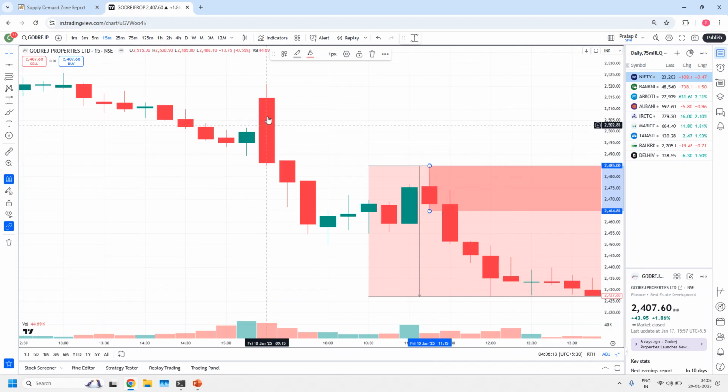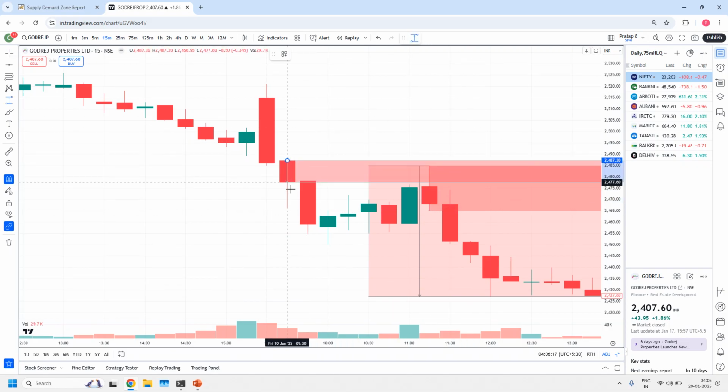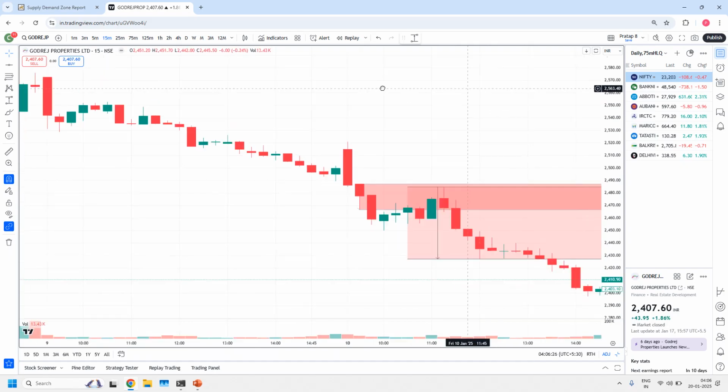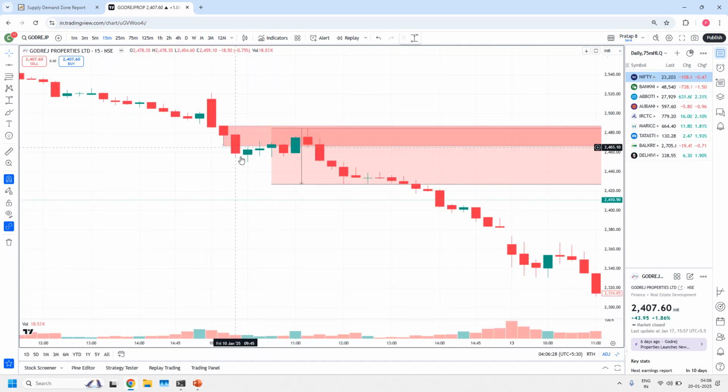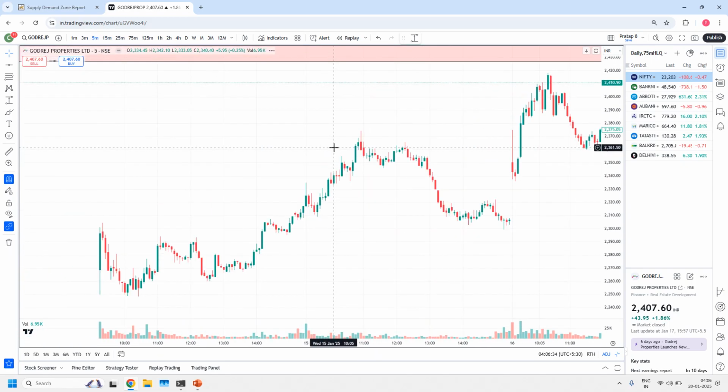Or you can also draw this drop base drop. This is the origin for this entire move. Now we can delete this. This is the origin, drop base drop, picked up the orders, came down. Now this one we can fine tune with the 5 minutes time frame.